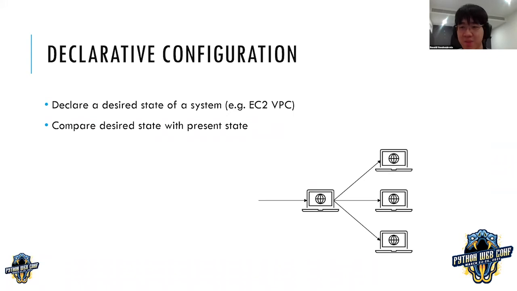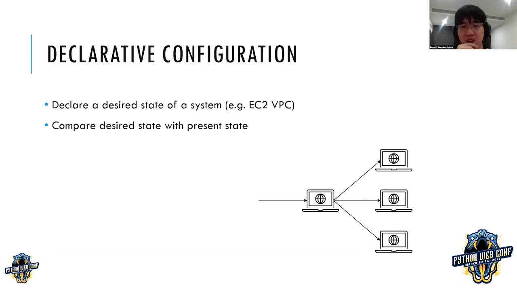Now, one thing that I mentioned before was using declarative programming, and in this case, declarative configuration. We want to sometimes declare a particular state of a system. Let's say in this example, EC2 VPC. One thing I mentioned before was that EC2 is a widely changing state, due to the fact that sometimes it takes a while to update.